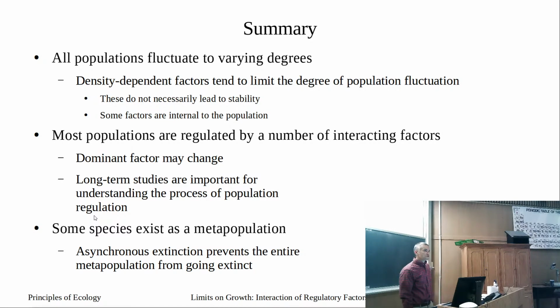If we have a large-scale weather event that affects all patches at once, and all patches go extinct, we just make our species go extinct. We need it so that some patches survive, so that those patches can then rescue the other patches. They can send dispersers, colonizers, to those other patches and get them established. So when those new patches build up, that original patch, if it goes extinct, can be rescued.